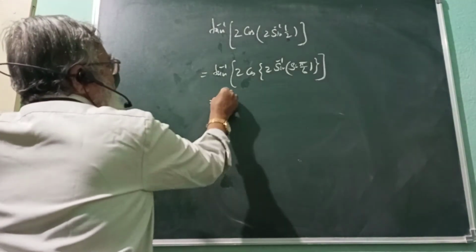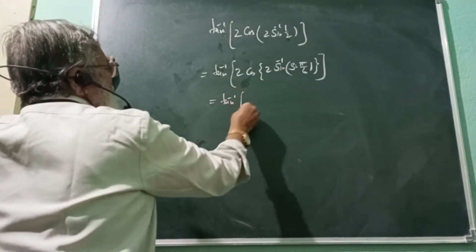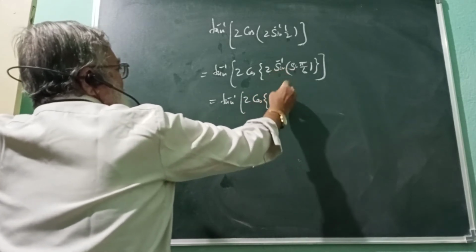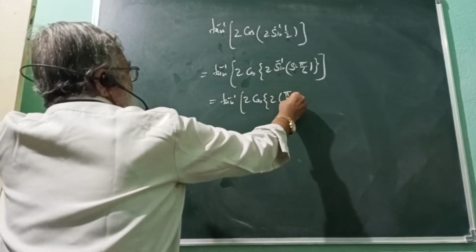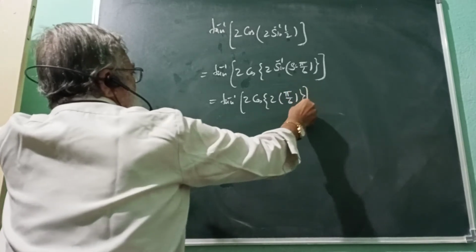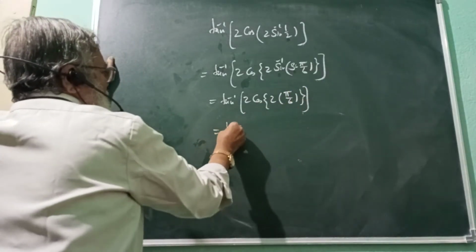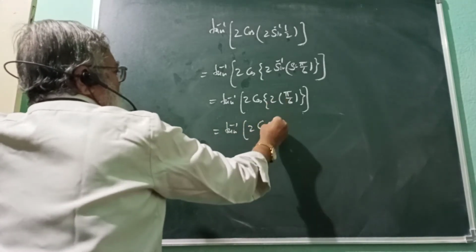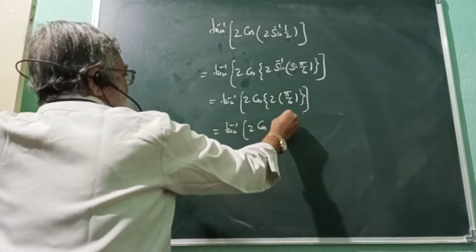Now we write it as tan inverse of 2 cos, 2 sin and sin inverse cancel each other. This is pi by 6 now. That is equal to tan inverse of 2 into cos, after simplification we get cos pi by 3.